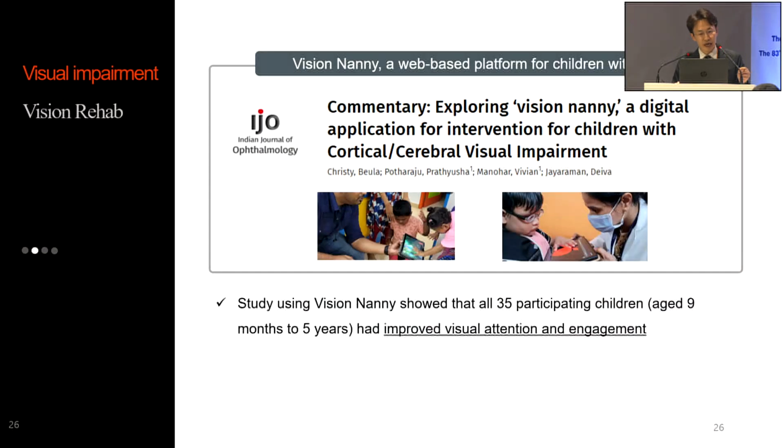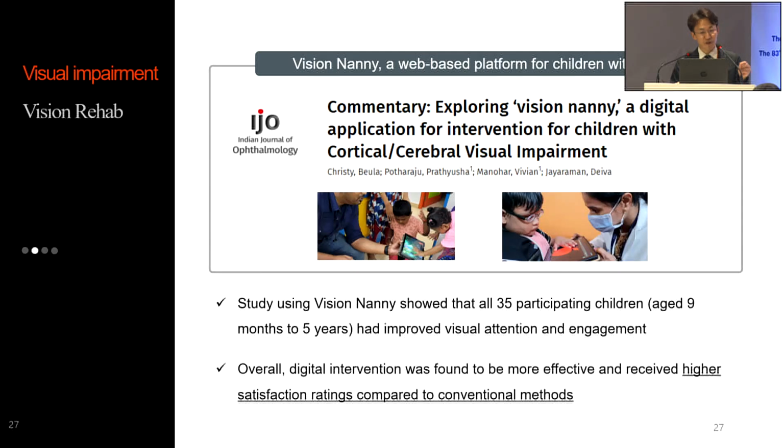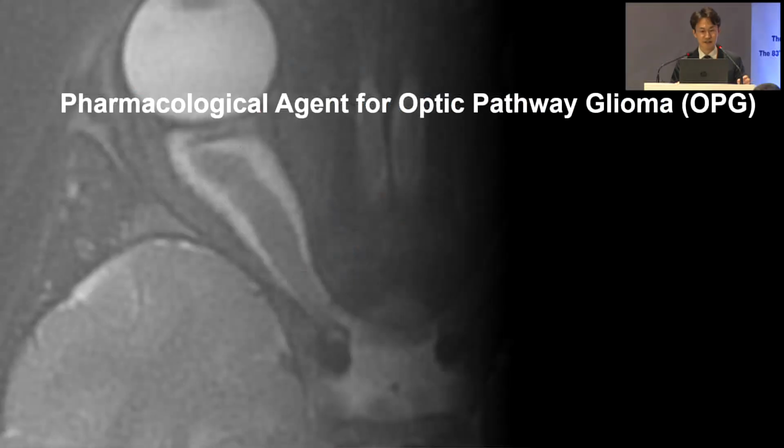A study using Vision Nanny, a web-based platform for children with CVI, showed that all 35 participating children, aged 9 months to 5 years, demonstrated improvement in visual attention and engagement. Overall, digital intervention was found to be more effective and received a higher satisfaction rating compared to conventional methods.